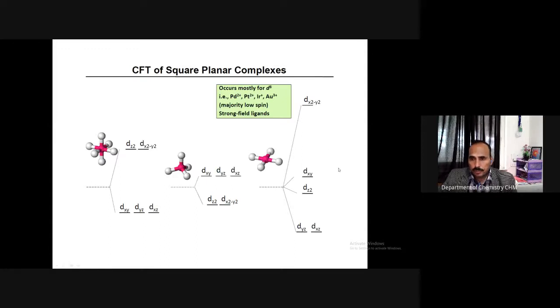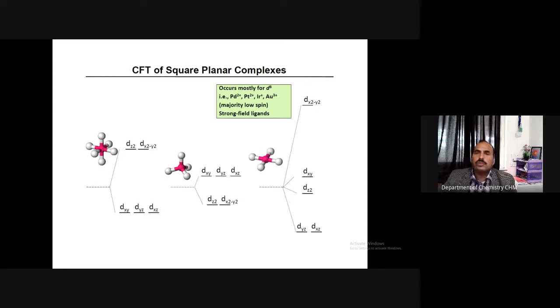And delta SP is said to be like 1.84 times delta O. You can see it is even higher than the delta O, because as I told you, square planar geometry generally forms with strong field ligands.